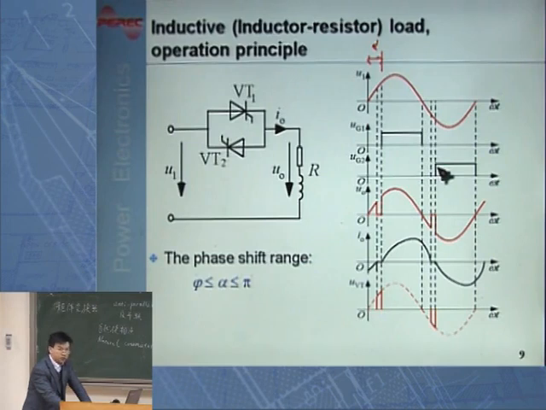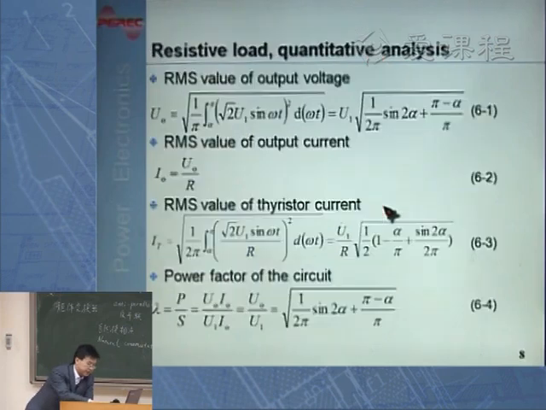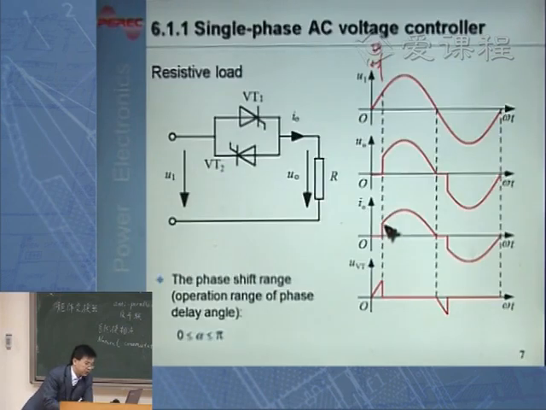you trigger VT2. So the difference between this one and the previous one is that when you trigger VT1 for resistor loads, the load current always has the same waveform as the load voltage, and because load voltage has the same waveform as the input voltage, the current io at this instant increases suddenly from 0 to a certain value.